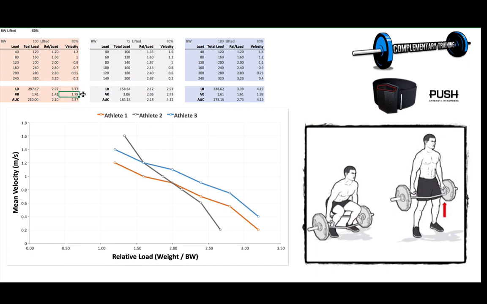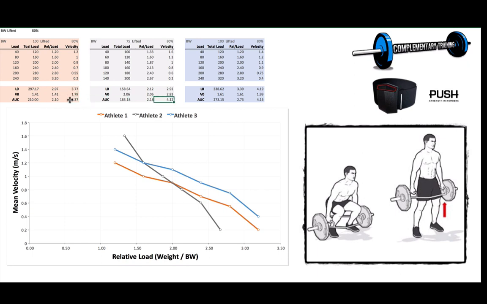Again, this is basically an unloaded movement, so it's not really related to anything physical or realistic. In this case, because we use 80%, we need to strip off 80% of body weight, and then we get this velocity approximately. Not so sure, so I can double check the metric.